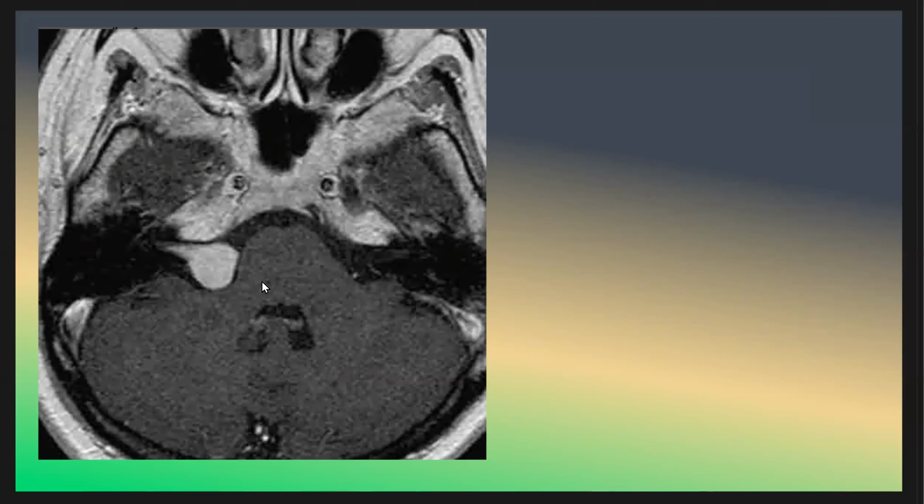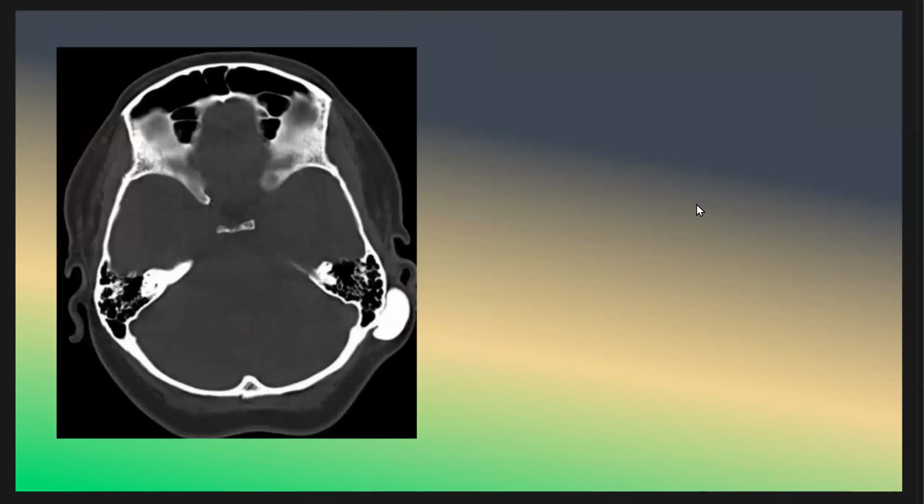It is vestibular schwannoma on the right side, giving the appearance of the ice cream cone sign. This is vestibular schwannoma. Axial T1 with contrast, it is enhancing. What do you think this patient has?